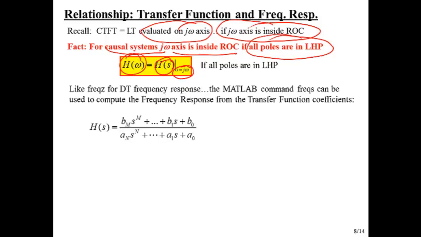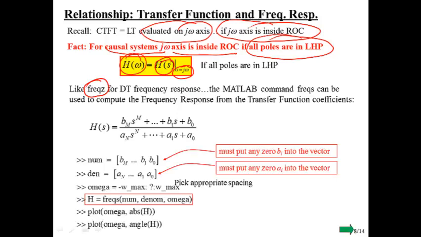For discrete time systems, we found the frequency response in MATLAB using a command called freqz. There's another command for the continuous time case, and it's called freqs. And you use it exactly the same way.